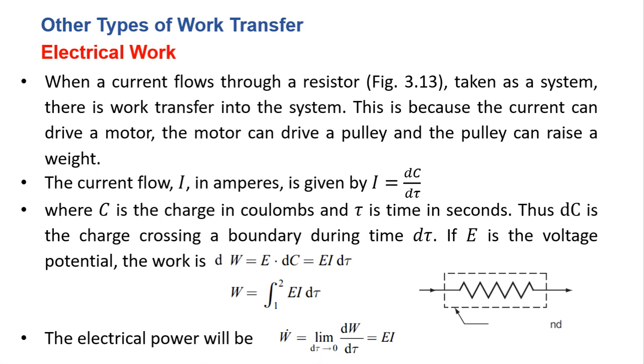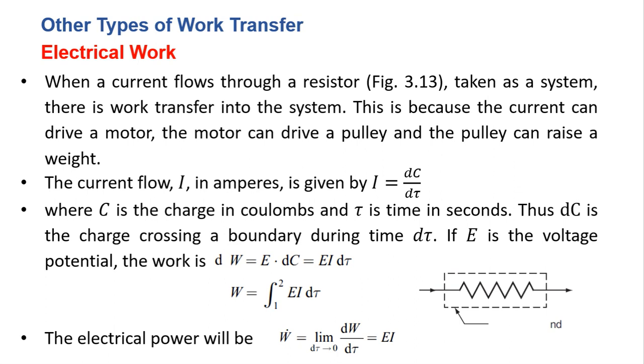Electric work, again it is along with the shaft work, all relating to the previous example of raising the weights. Because we already discussed the DC motor, electric motor. The electric motor is connected with a pulley, and the pulley is carrying the weights.